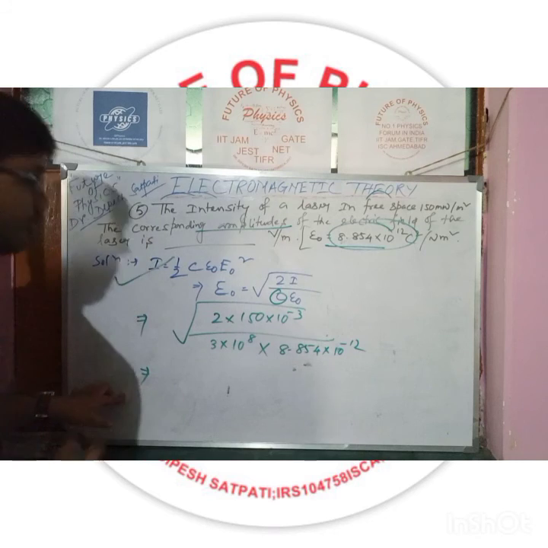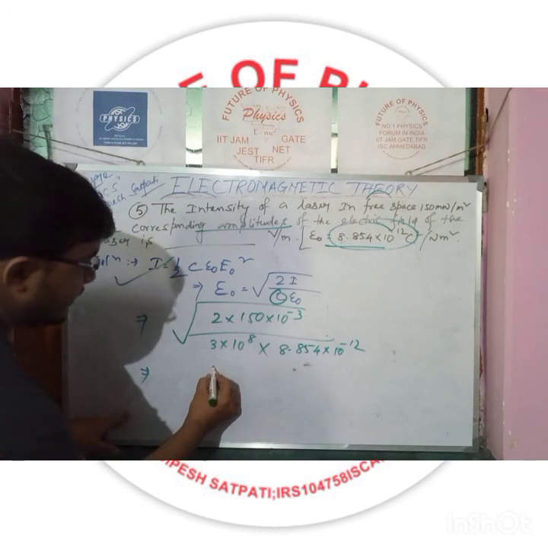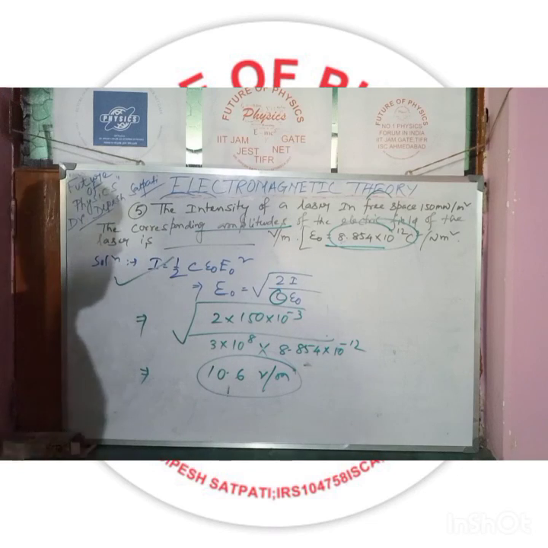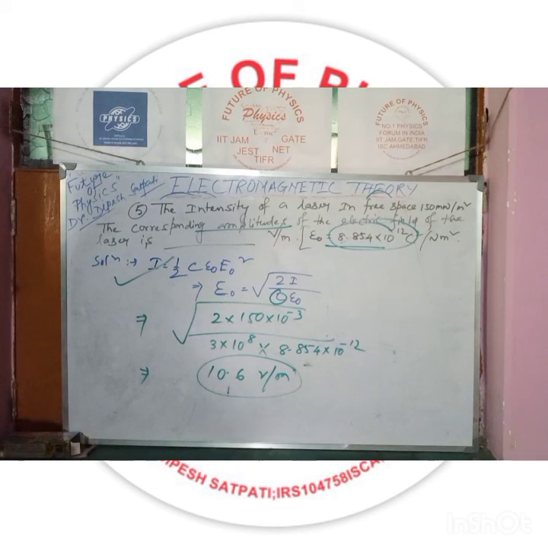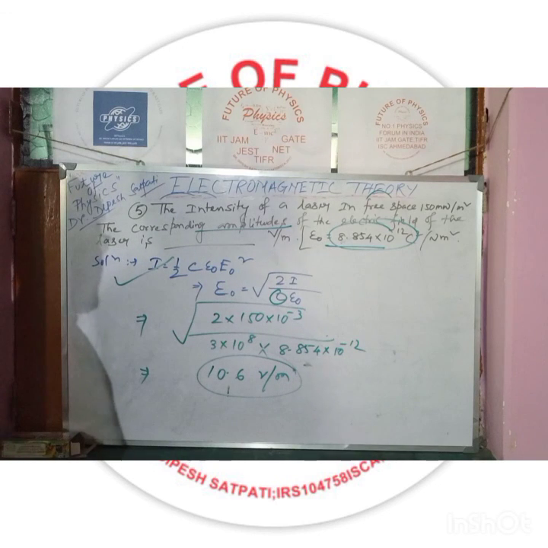Now the value is 10.6 volt per meter. Practice these five questions.